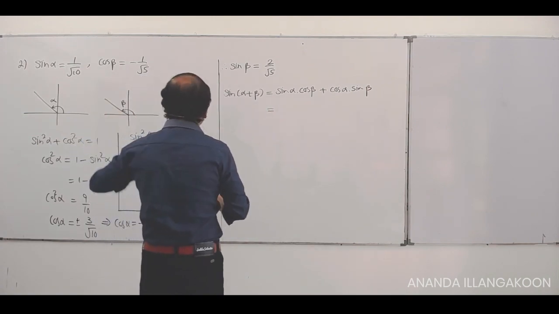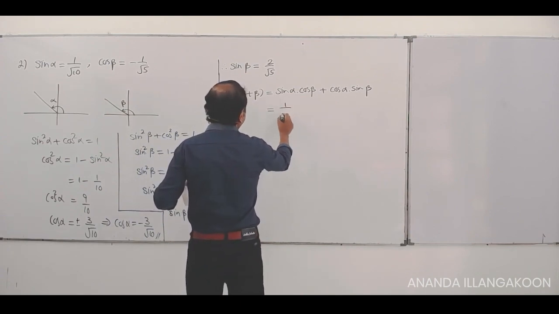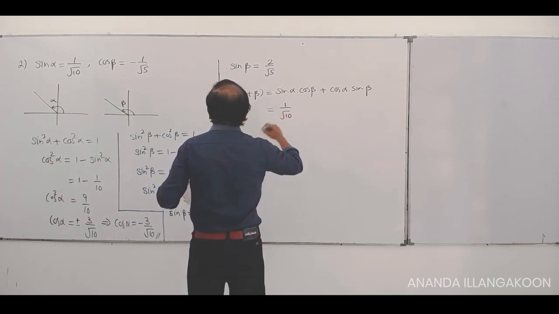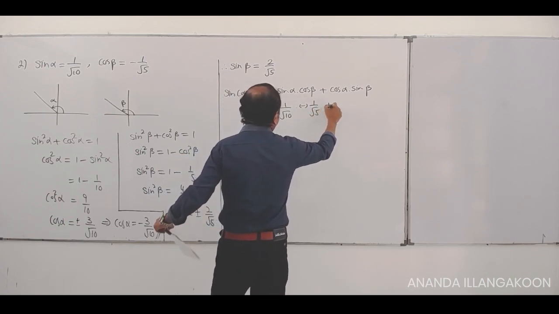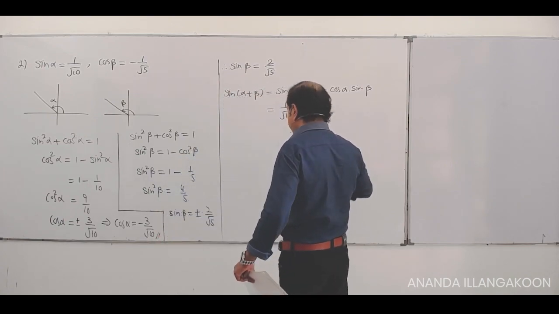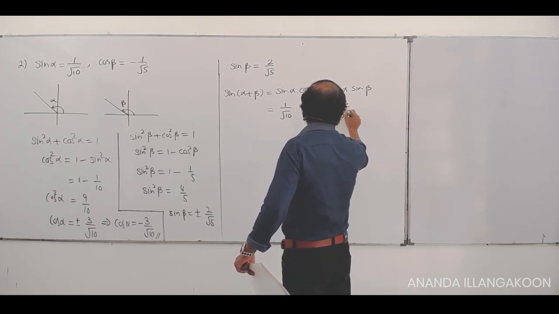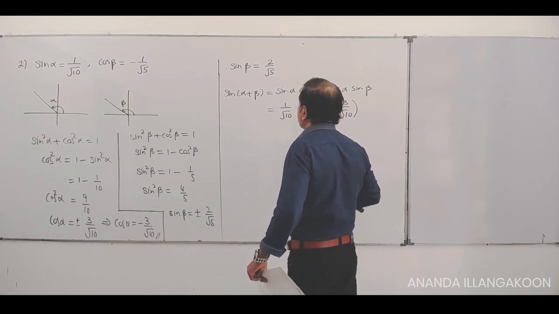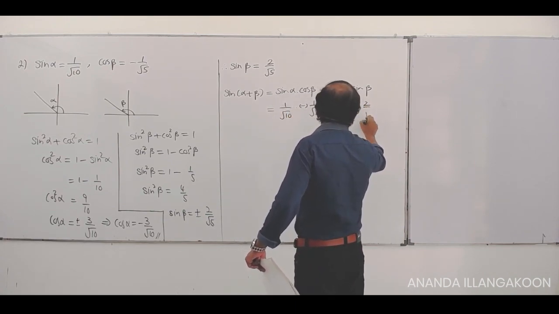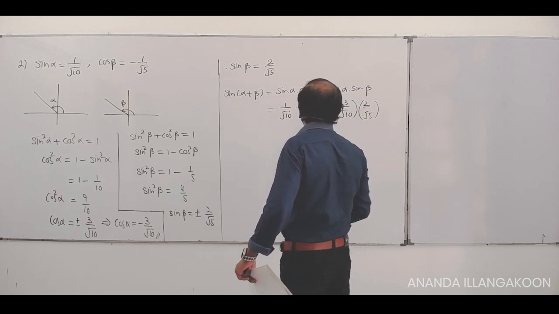Sin alpha is 1 over root 10, cos beta is minus 1 over root 5, cos alpha is minus 3 over root 10, sin beta is 2 over root 5.